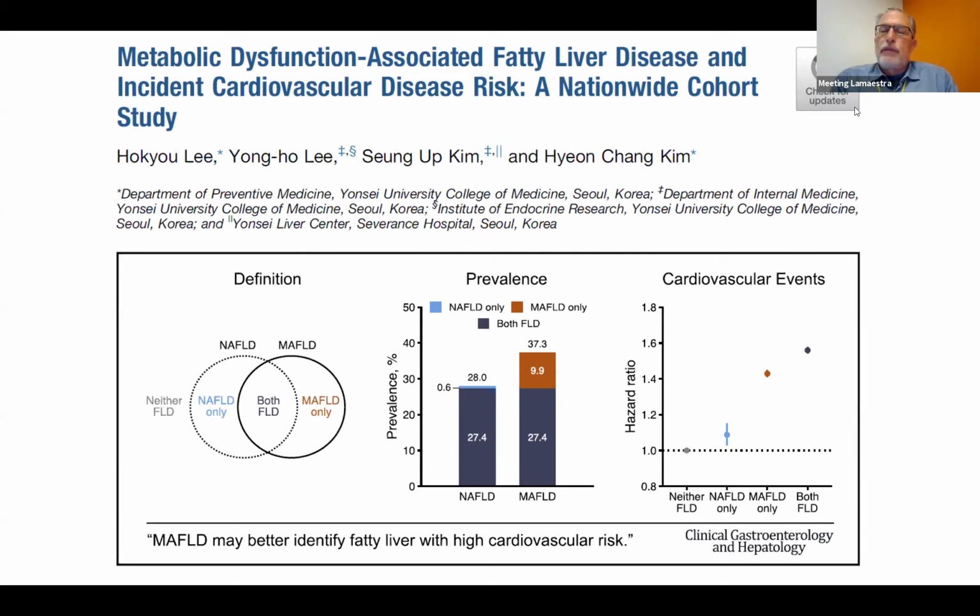Fatty liver only, 2. But once you get metabolic associated fatty liver disease, you start getting up a much higher hazard ratio between 1.4 and 1.5, and then you bring in that fatty liver plus peripheral events, different types of fatty liver disease, then you've got even a higher risk of cardiovascular events.